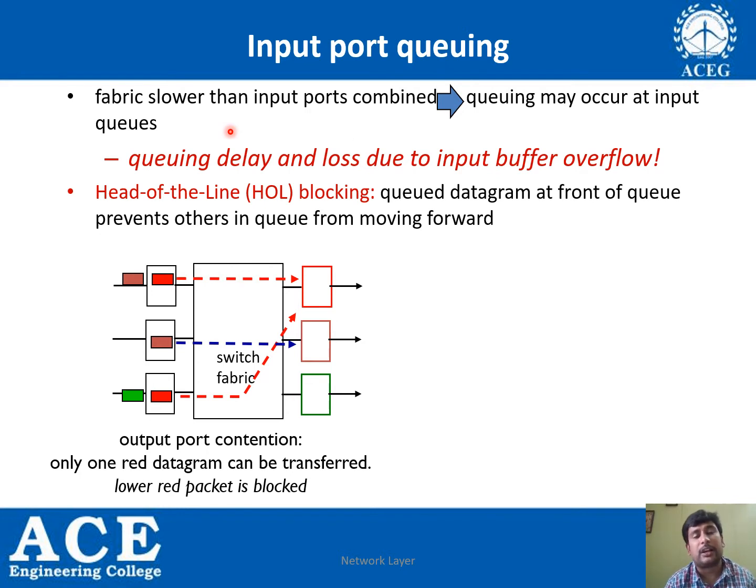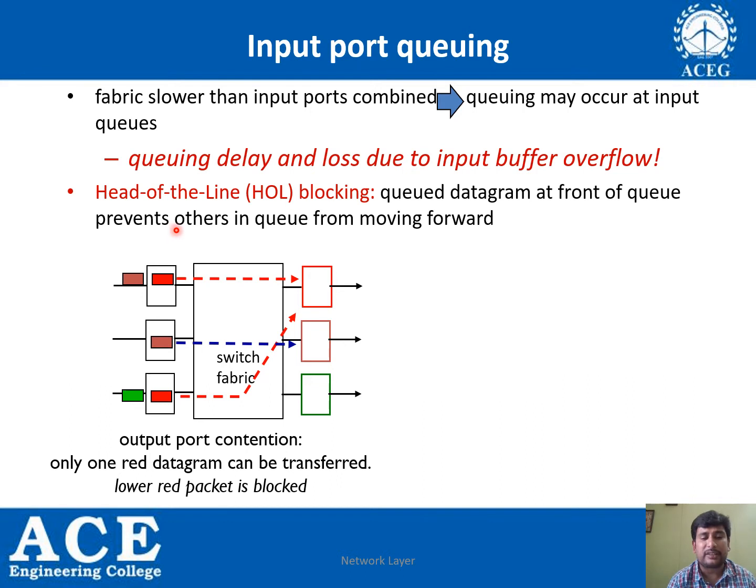Queuing at input ports results in queuing delay, because all datagrams or packets cannot be transmitted at a time, and this will result in loss due to input buffer overflow. Definitely there may be scenarios where packets will be lost because of input buffer overflow.